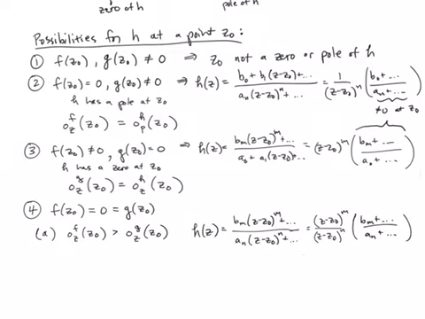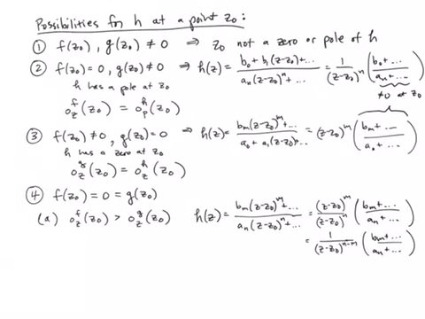And then what we have here is 1 over (z minus z naught) to the n minus m, times this function which doesn't vanish at z0.